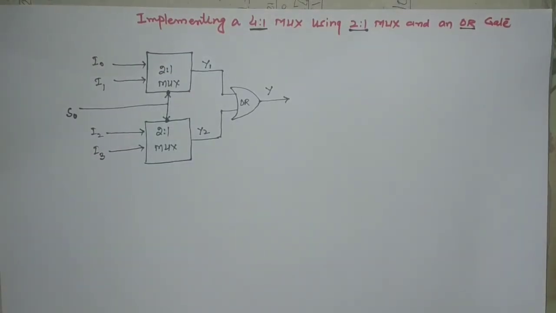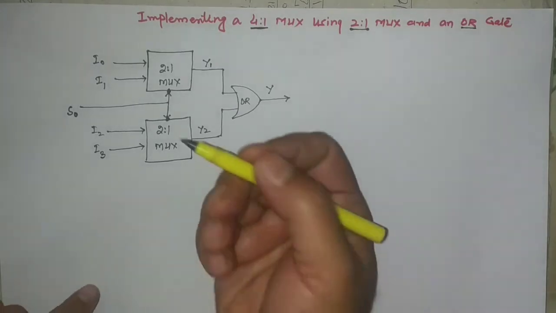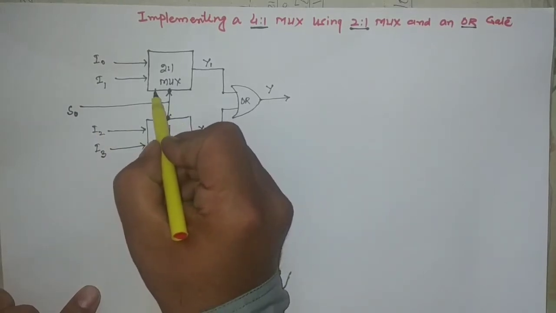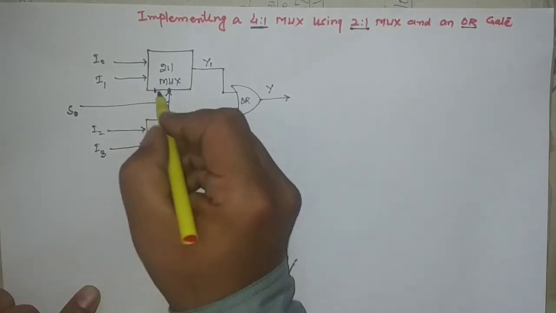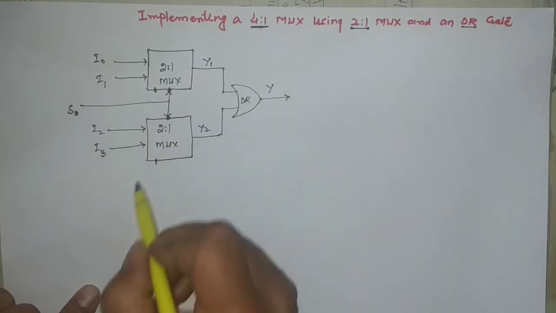To activate a multiplexer at a given time we make use of the enable signal. Now we are making use of that enable signal over here. So this is the main part. Say for example, I am taking this as an enable, and the same way I can also take this as enable.